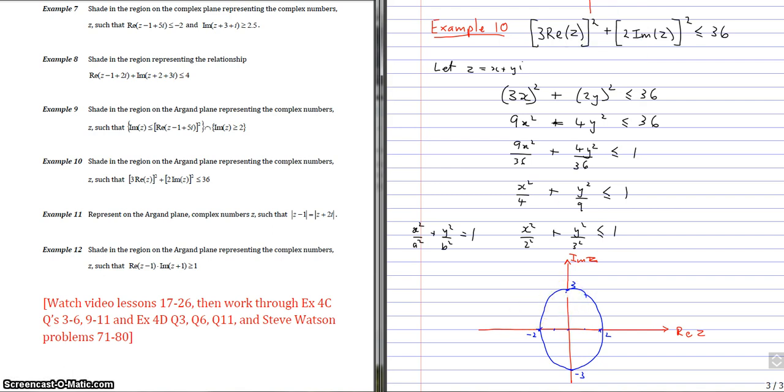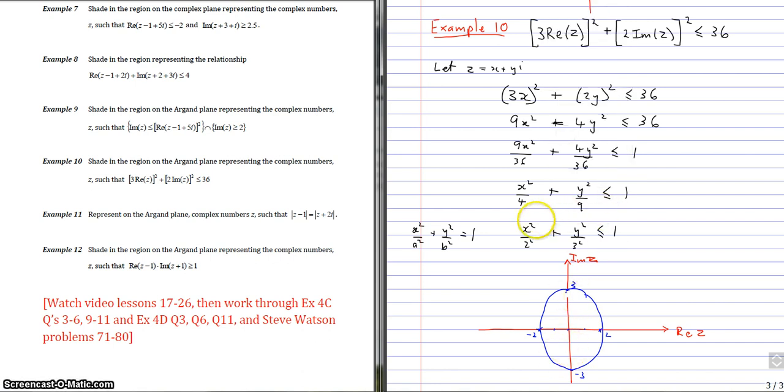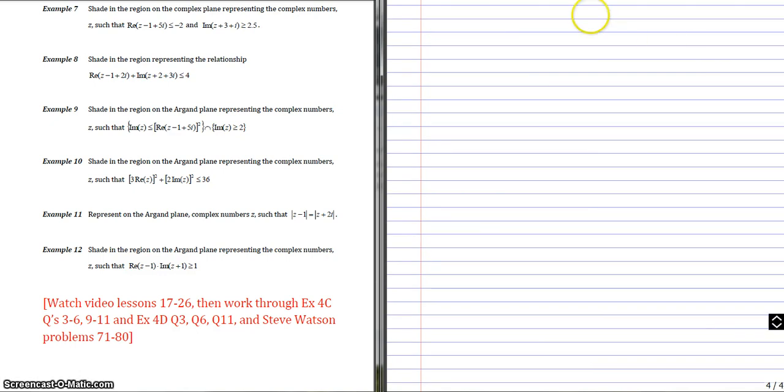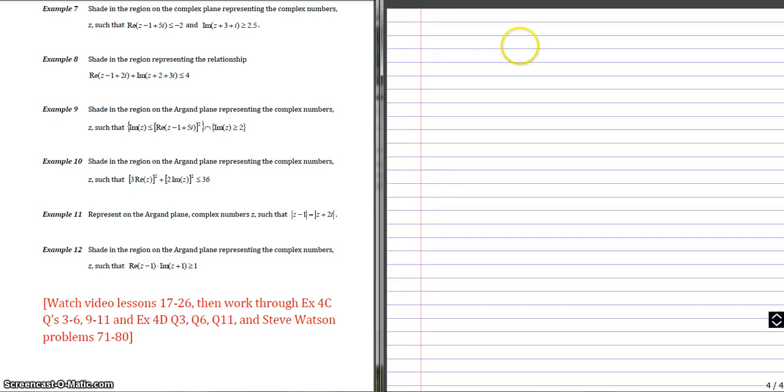Alright, so that's our ellipse. Now it is less than or equal to 1, so we're going to shade inside our ellipse. Okay, let's have a look at the next example.